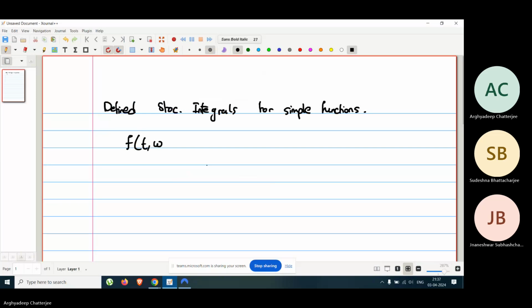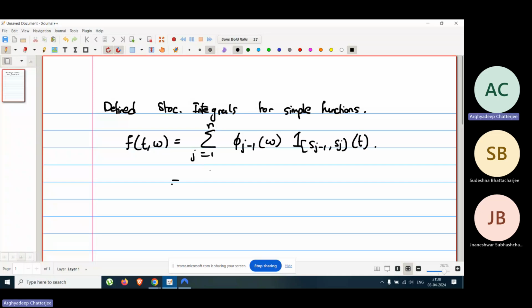Simple functions can be expressed like this: f equals the summation from j equals 1 to n of phi j minus 1 of omega times the indicator of (s j minus 1, s j]. It can be rewritten, a bit tautologically, as f of s j minus 1 of omega times the indicator of (s j minus 1, s j] of t.